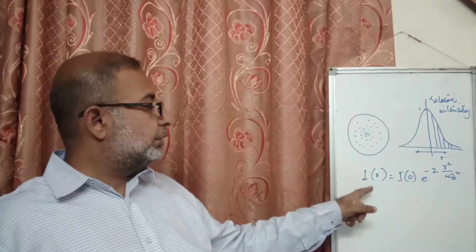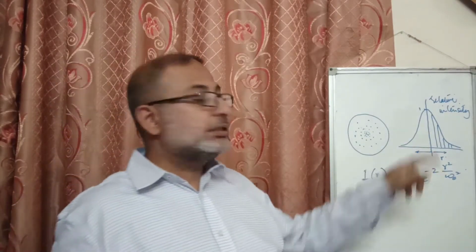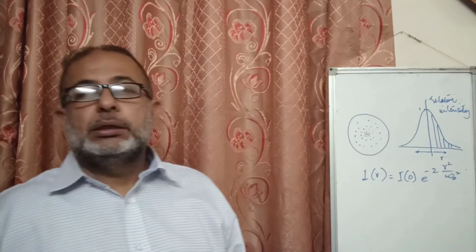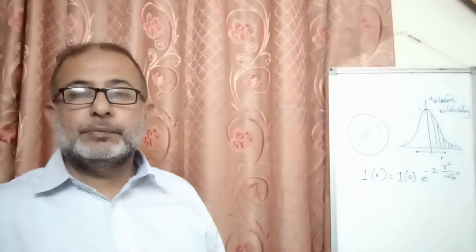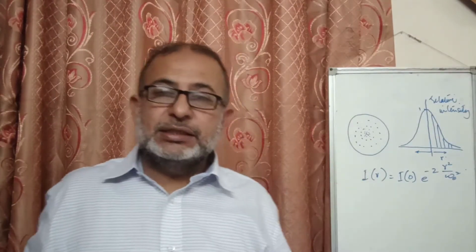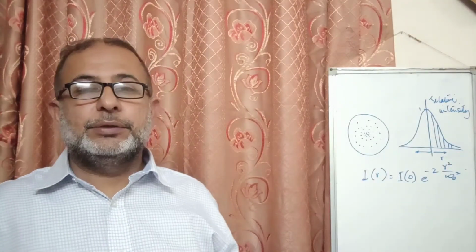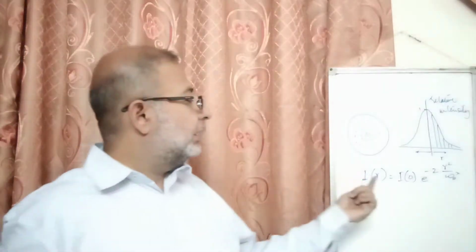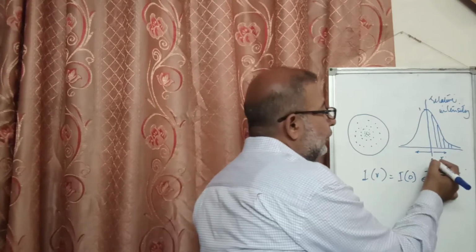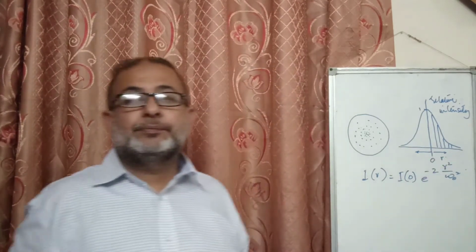Here in this equation, R is the distance of the point at which we are measuring the intensity, and I of R is the intensity at that particular point. I naught is the intensity at the 0 point or the central point.